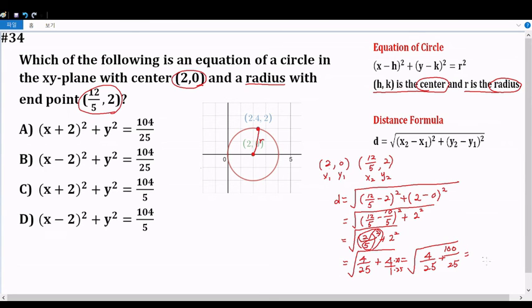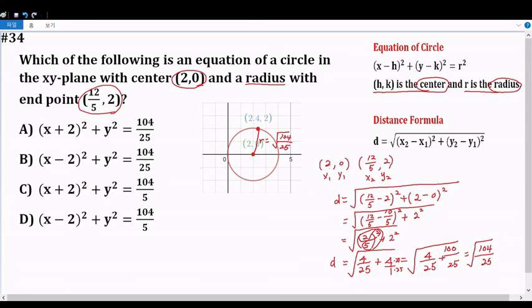Let's add the numerators. Then we get 104 over 25, the denominators stay the same. Then we get square root of 104 over 25. That's the distance, which is equal to the radius.